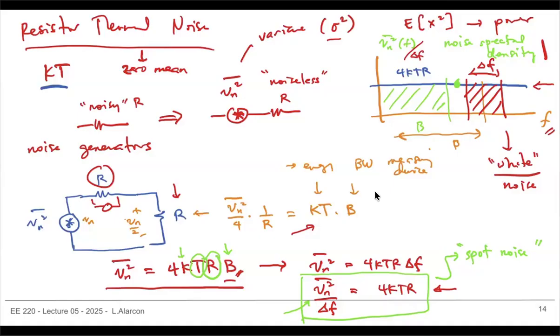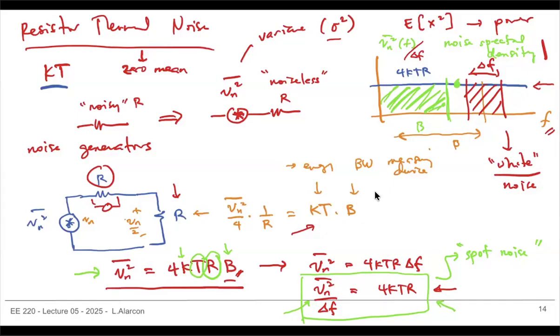But the total noise power is the area under this curve. So for example, if I have a bandwidth B here, the total noise power, as you can see, is 4kTRB. This is just the noise spectral density.